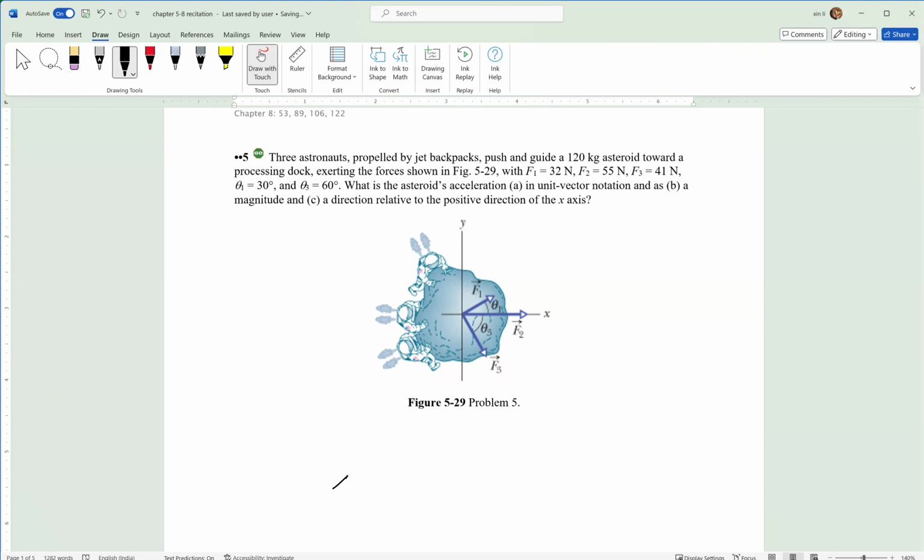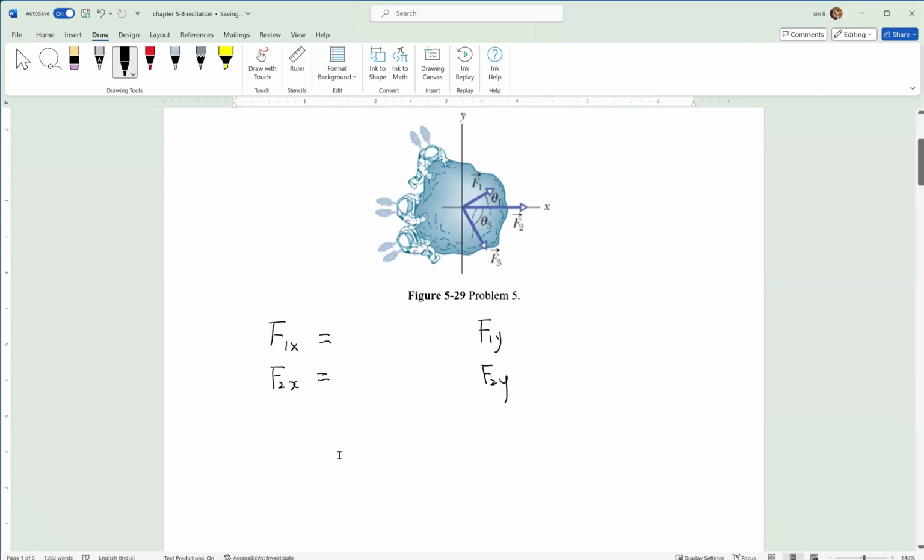You have to find F1x and then F1y, and then F2x and F2y, and also F3x and F3y. After that you are going to add all the x components and add all the y components.